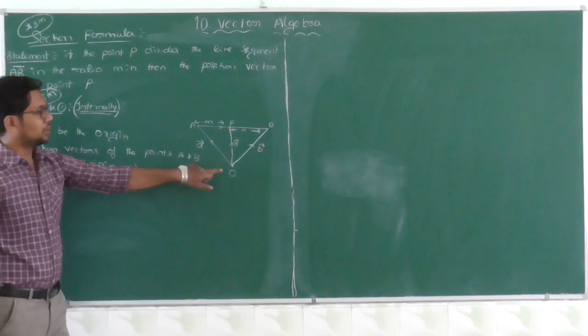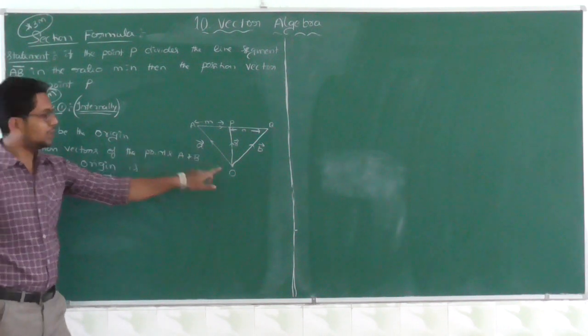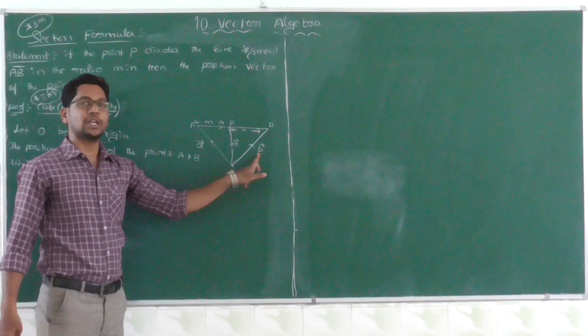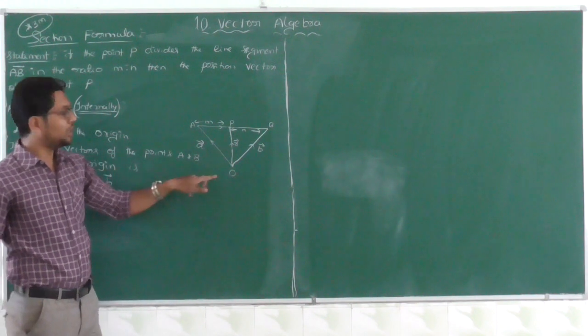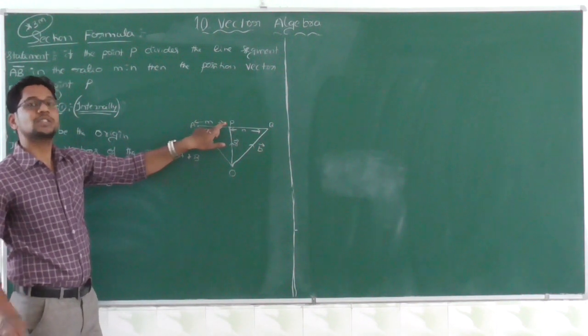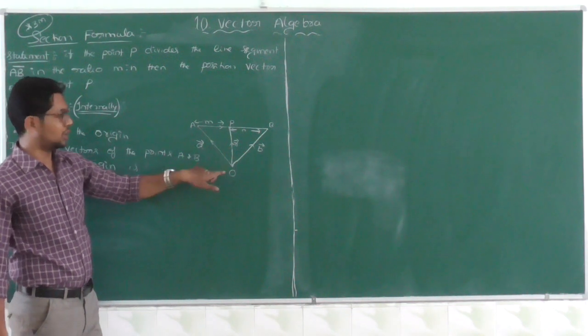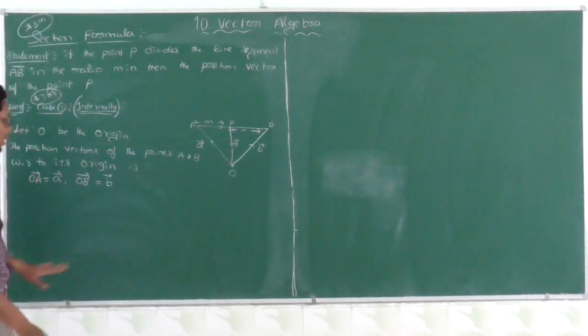What we have defined: OA vector is A vector, OB vector is B vector. Next, what is remaining? OP vector. That is the required position vector. OP vector is R vector.